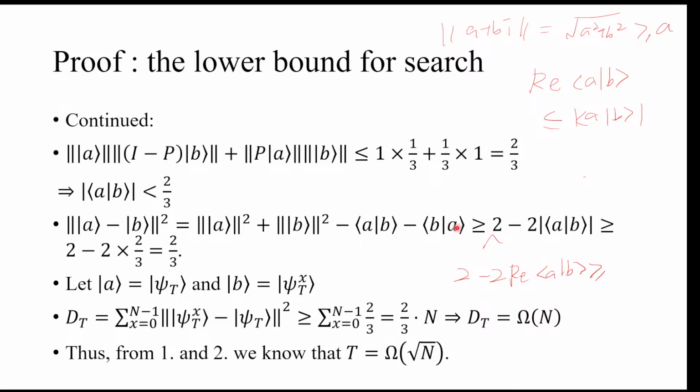It's a bit complicated because those two can be complex numbers. Then the absolute value of the inner product of a and b is greater than its real part, so this is getting smaller. Finally we use our bound on the inner product between a and b. So it's greater than or equal to 2 minus 2 times 2/3, and you do the arithmetic, it is 2/3.